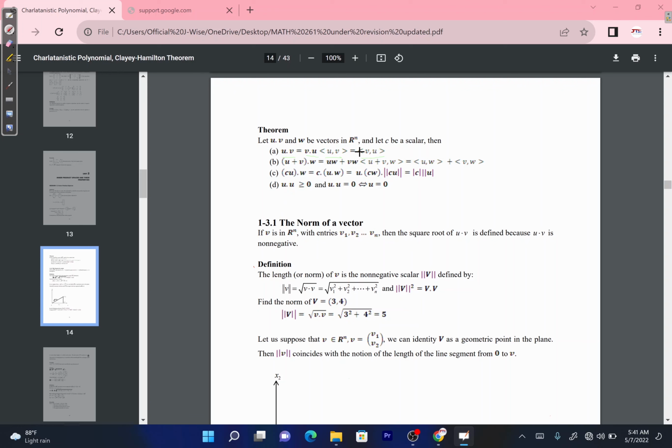That's the commutative property, or commutativity of the inner product.